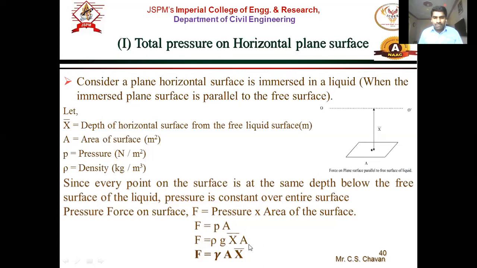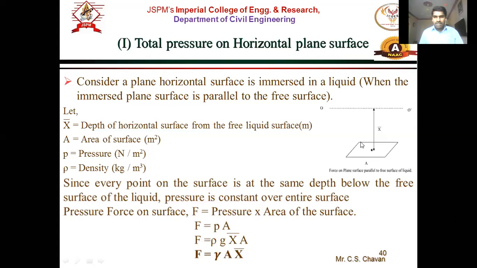So this is our first formula for the total pressure on a horizontal plane surface. So for a horizontal plane surface, the total pressure is given by gamma A x bar, or instead of gamma you can also write rho g x bar into area. So this is the first formula for total pressure on a horizontal plane surface.